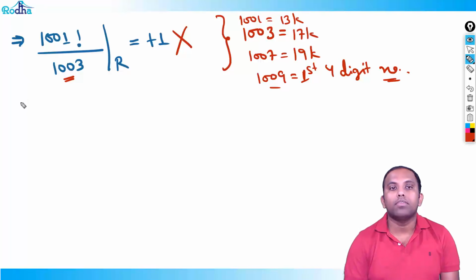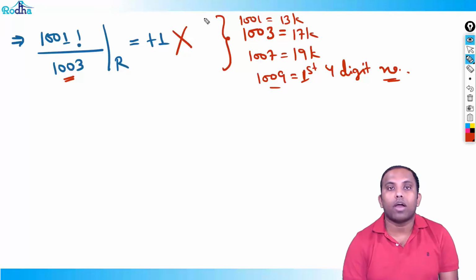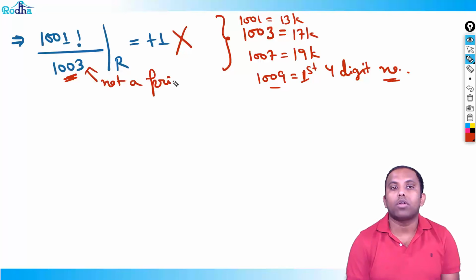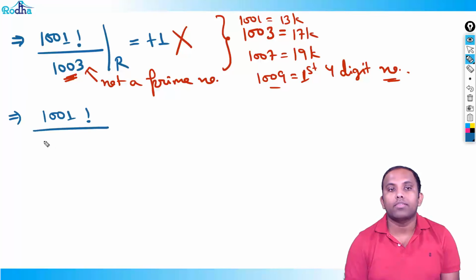So if it is not plus 1, you'll ask me what the answer is. Because 1003 is not a prime number, it does not follow Wilson's remainder theorem. So what is the answer then? See, 1003 is 17 into 59.